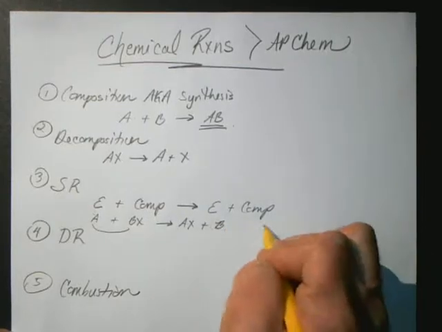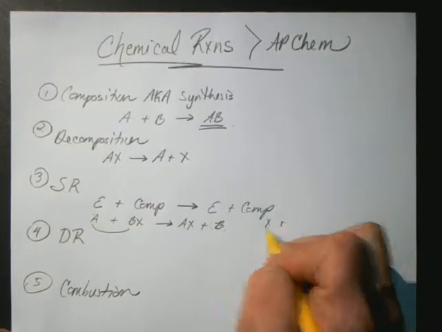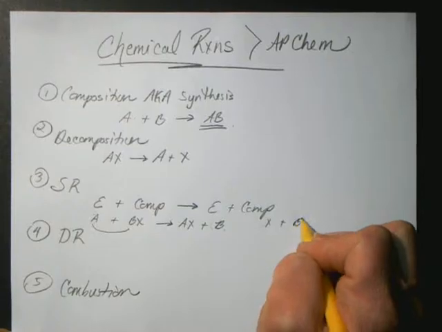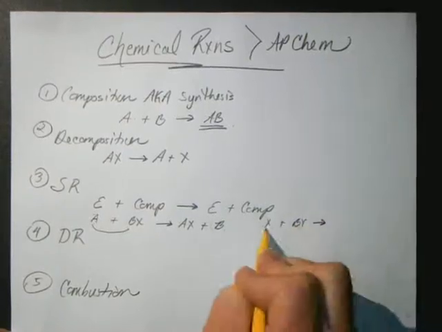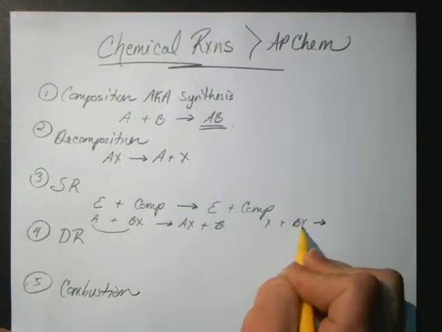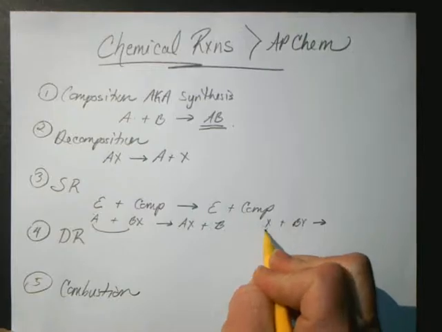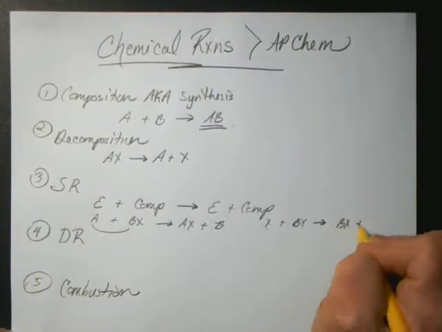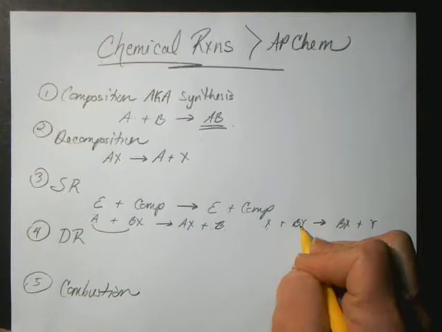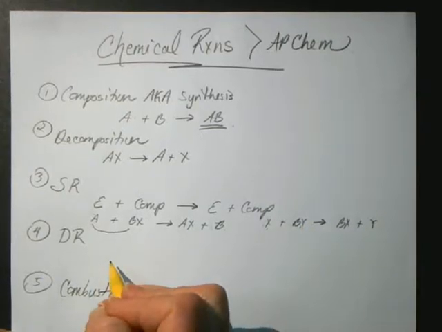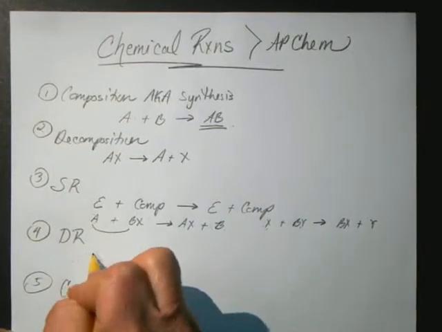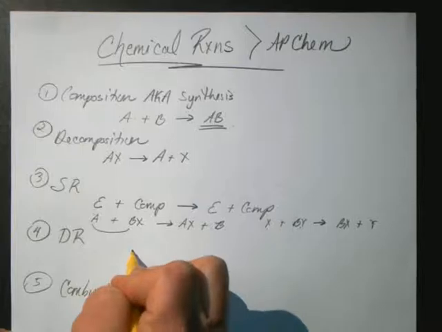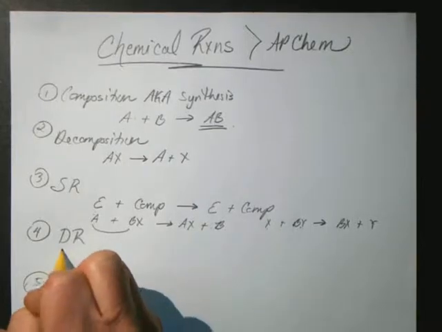But we can also combine an anion and, let's say, compound BY, and if X is more reactive than Y, for example, chlorine more reactive than iodine, then it will take the place of Y. A double replacement reaction is where we add a compound to a compound and 2 things do the replacing.